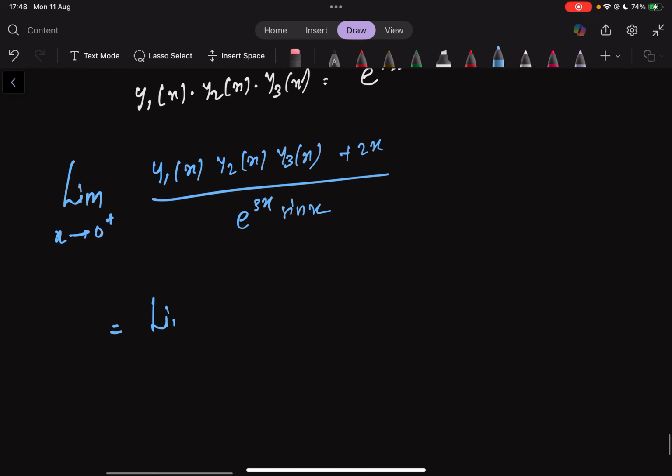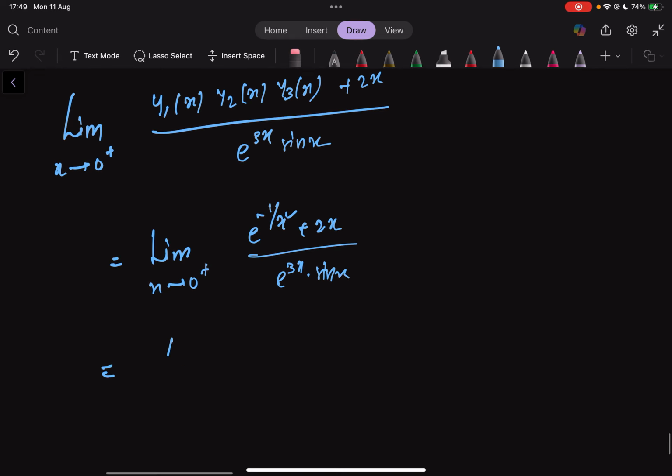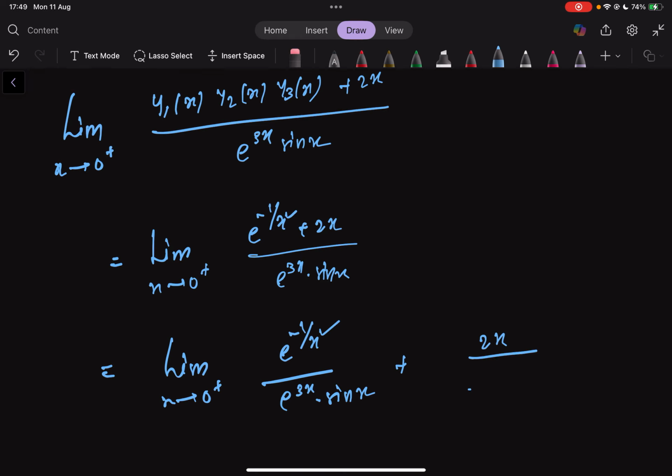So indirectly they are asking the limit as x tends to 0 plus of e to the power minus 1 by x square plus 2x by e to the power 3x into sin x. If we split this, the limit as x tends to 0 plus of e to the power minus 1 by x square by e to the power 3x into sin x plus 2x by e to the power 3x sin x.